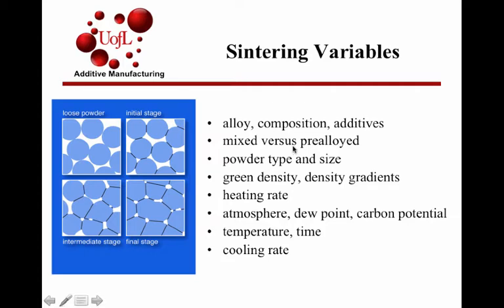The sintering variables include numerous aspects related to the composition, the additives, the chemistry, the use of pre-alloyed powders versus mixtures of components that constitute the alloy, types of powder fabrication methods, size distribution, overall density and the existence of any density gradients, the heating rate, the atmosphere, time, temperature, cooling rate.